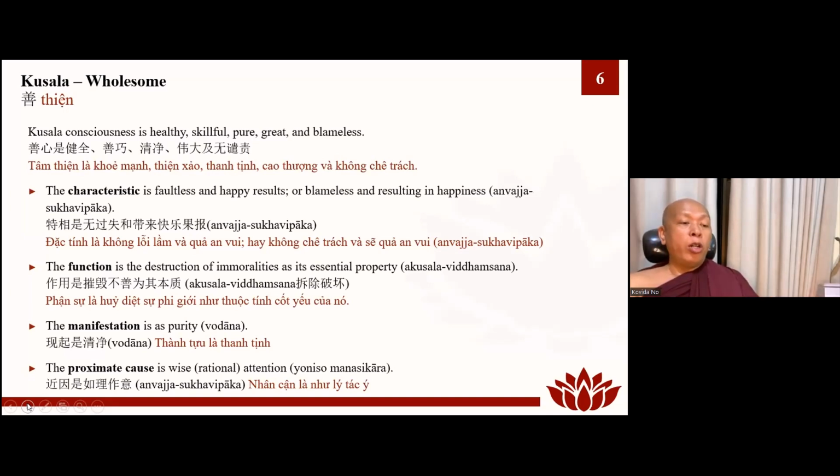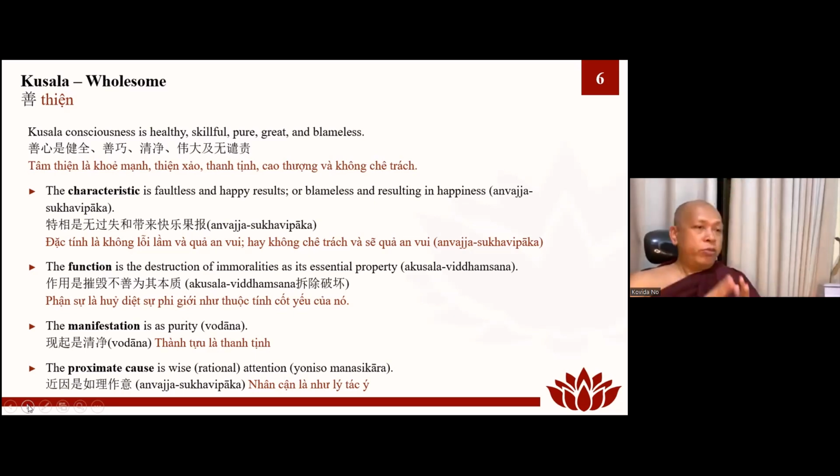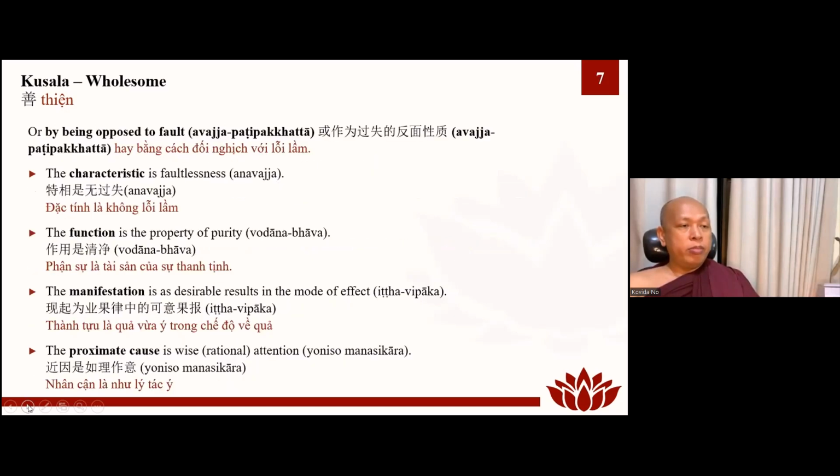The proximate cause is wise or rational attention. This is really the formal or common proximate cause for all wholesome deeds. Now we also have another explanation of characteristics, function, and manifestation. The characteristic is faultlessness, anavajja.